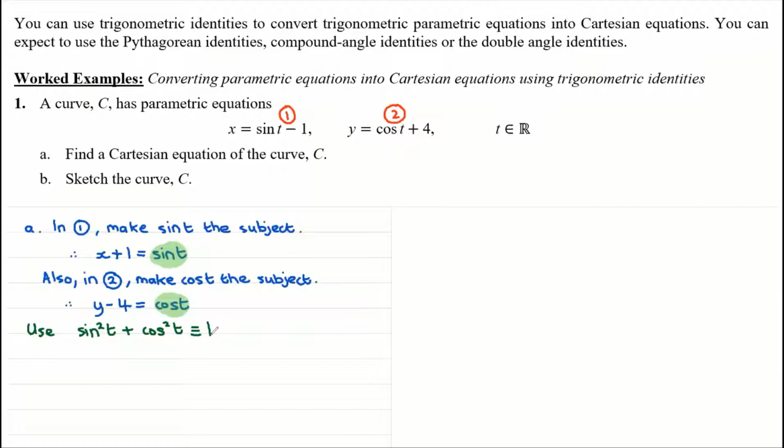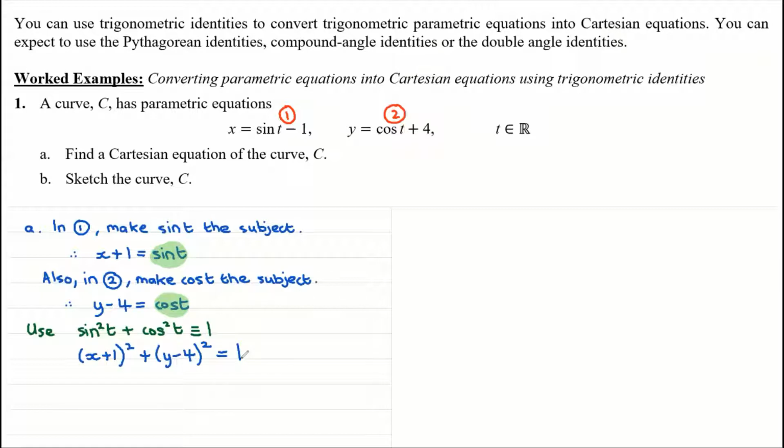The identity isn't true for all t because we are specifying that sine t is equal to x plus 1, not identical to it. Just to make that hopefully clear. So sine squared, of course, is going to be x plus 1 all squared. Okay, and then we add cos squared, which is, of course, y minus 4 all squared, which is going to be equal to 1. There we have our Cartesian equation.